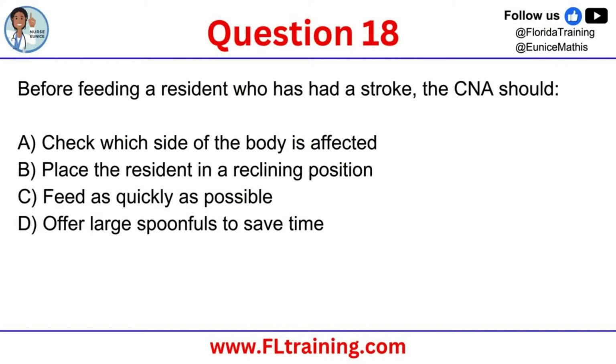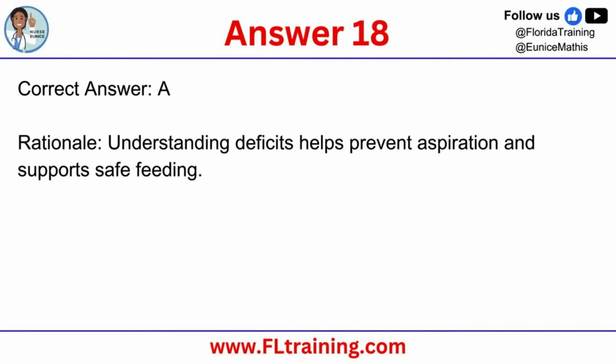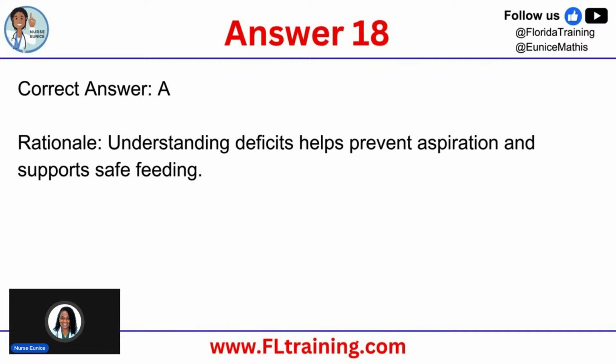And for everybody who is putting A, you are right. We need to know what side they had their stroke on, because if the left side of their body is affected and you put the food on the left side of their mouth, they're going to aspirate, or the food's just going to come right back out of their mouth because they're drooling.